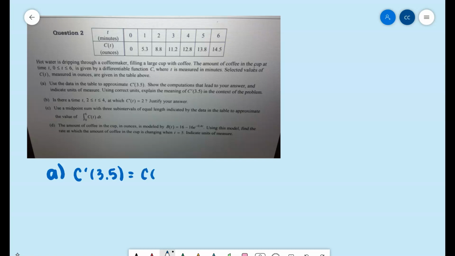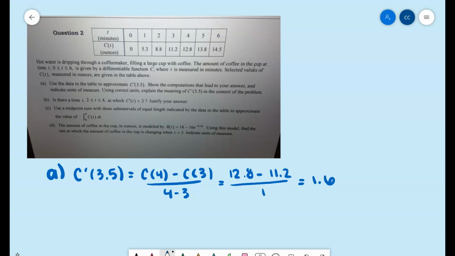So we're going to look at c of 4 minus c of 3 over 4 minus 3, which is 12.8 minus 11.2 all over 1. And again, if this were on this year's AP test, since it's non-calculator in a sense, the numbers would just be a little bit nicer. We are, in this case, left with 1.6.